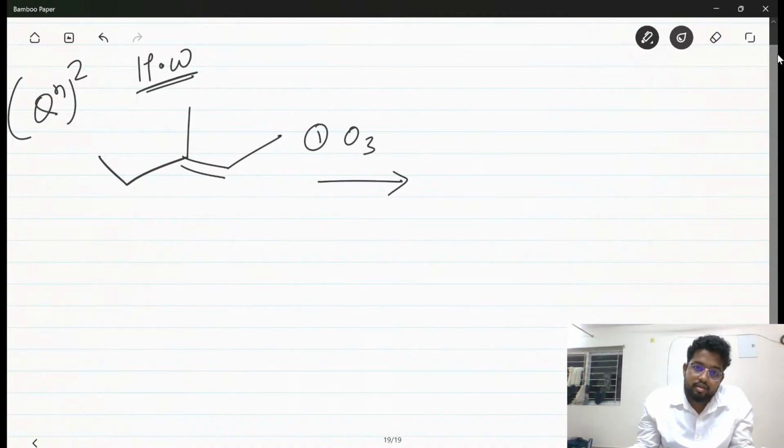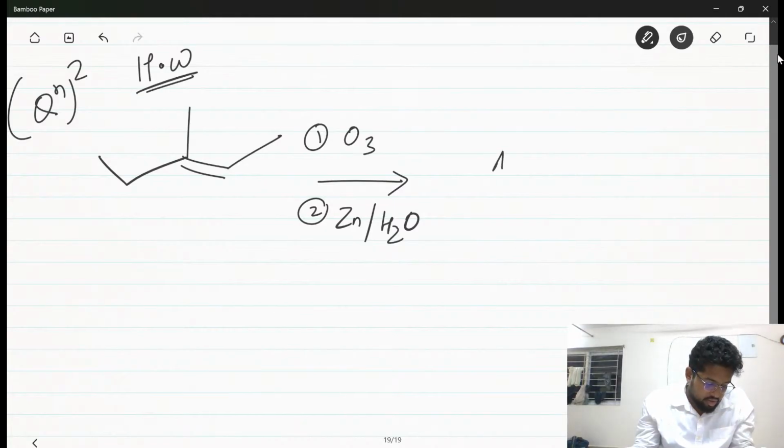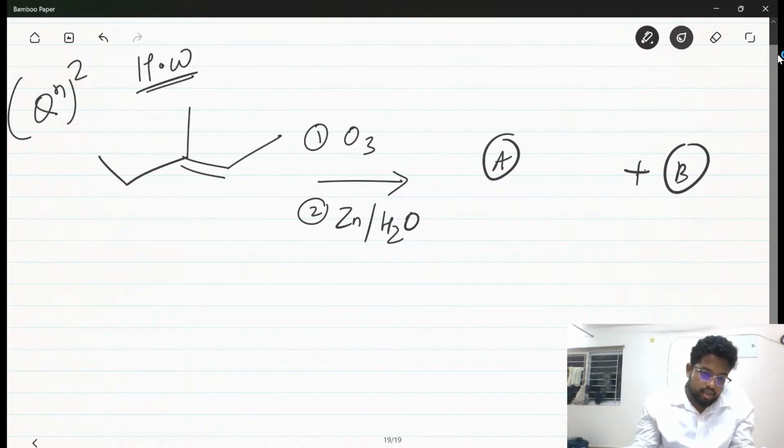O3, zinc water. So what would be the product? Now A plus B, this product A and B, some conditions are given.